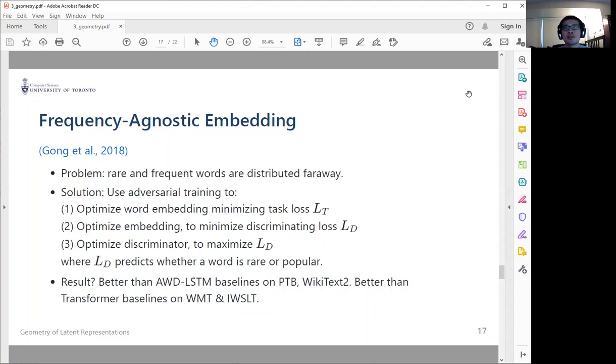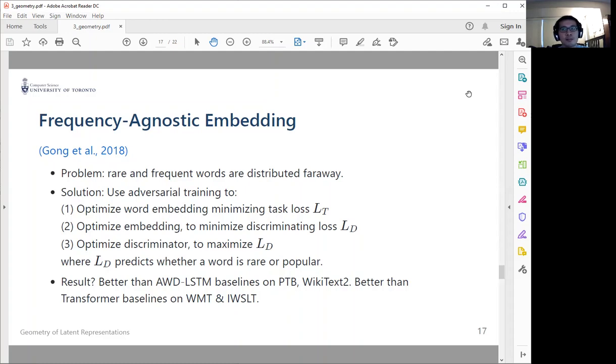And the third is to optimize the discriminator in order to maximize the discriminating loss. So 2 and 3 form an adversarial network pair. By optimizing the embedding and the discriminator jointly, they are training the discriminator to tell apart whether the embeddings of rare and frequent words are distributed away.